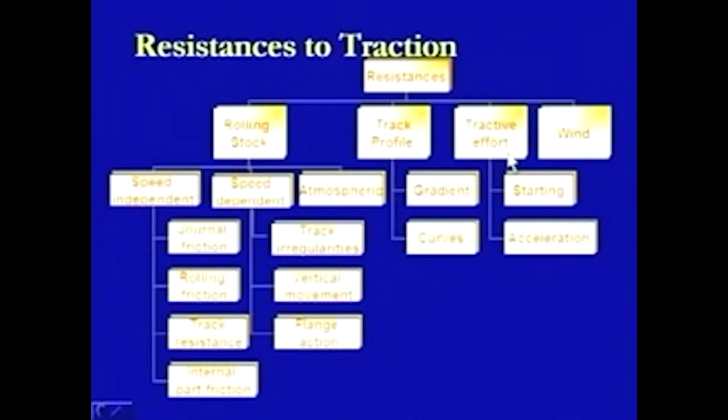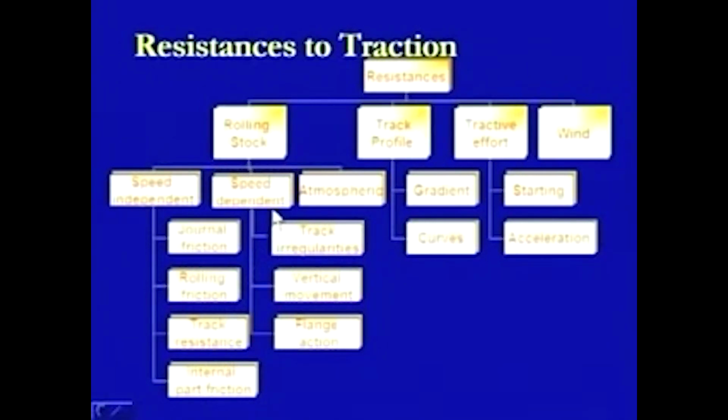In terms of the tractive effort, these are related to the starting of the locomotive and providing acceleration to the locomotive. Further, there are divisions within the speed independent or speed dependent resistances, and we will be trying to look at the different resistances in the speed independent case, that is general friction, rolling friction, track resistance and internal part friction.